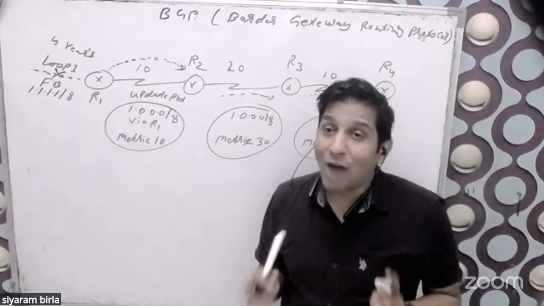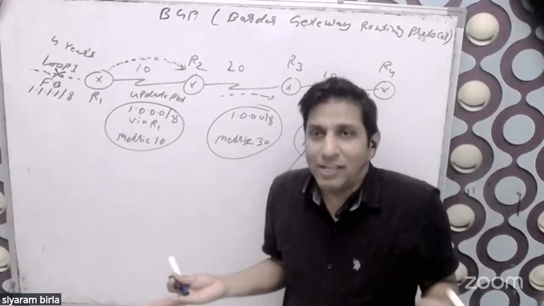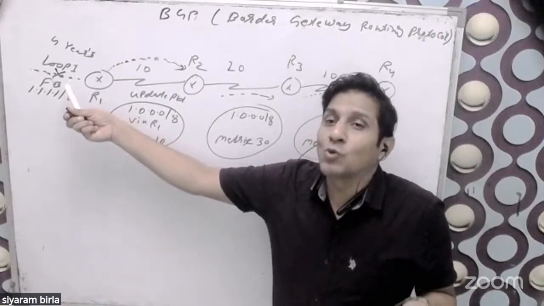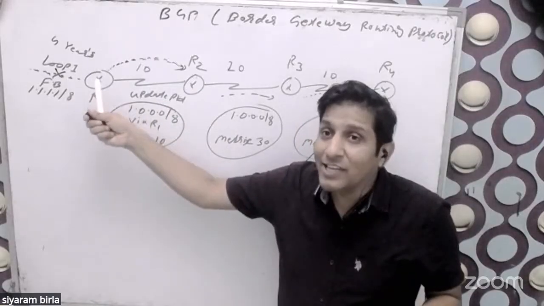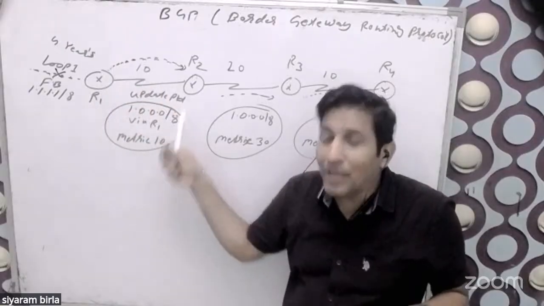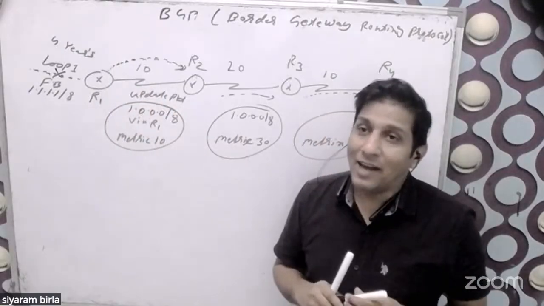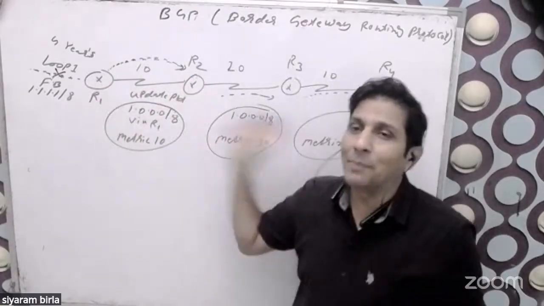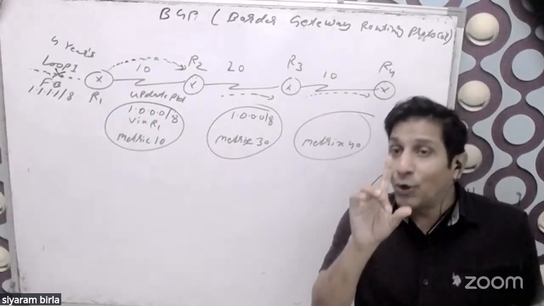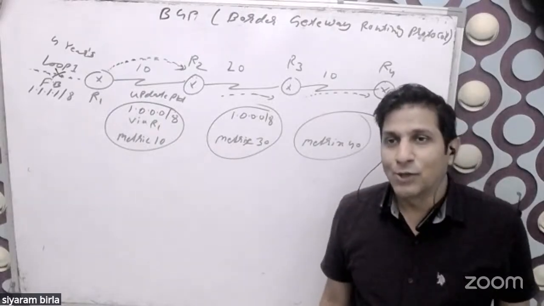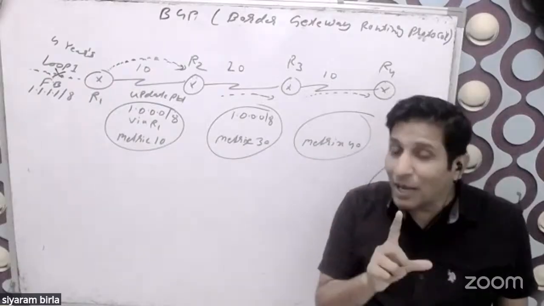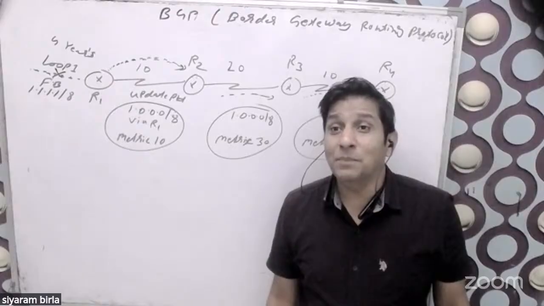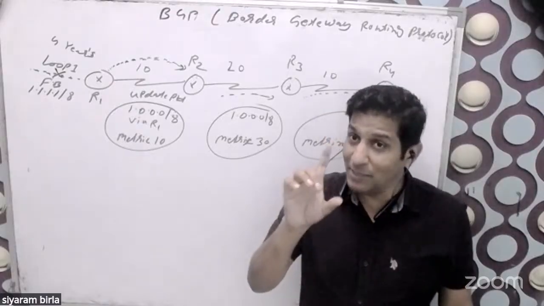Whenever there is any change, like this loopback goes down or goes up, on that condition it will advertise the update packet to the neighbor, and until then it is not advertised. That is called non-periodic. So BGP sends routing update packets non-periodically, and it sends them only to BGP speakers.